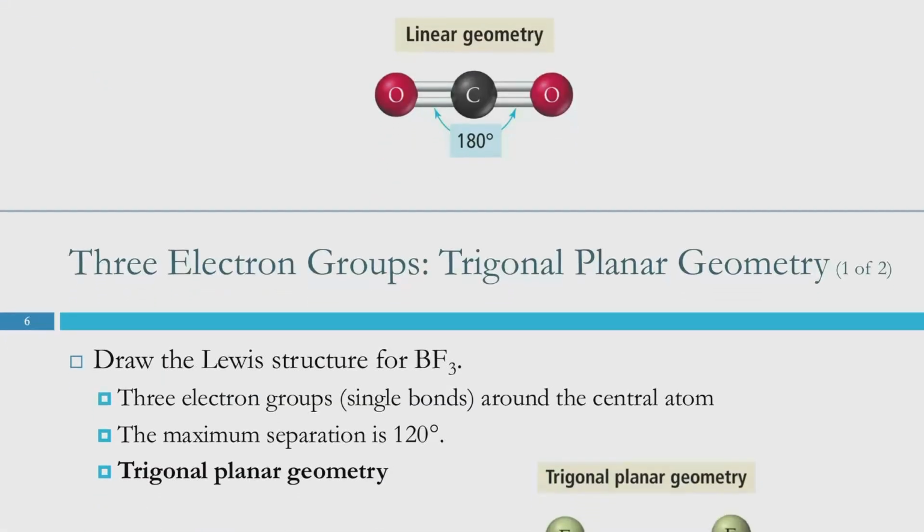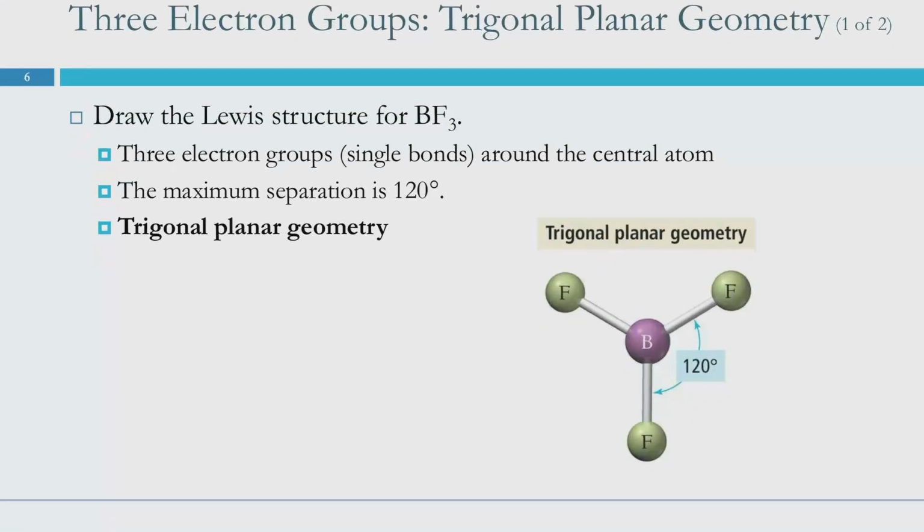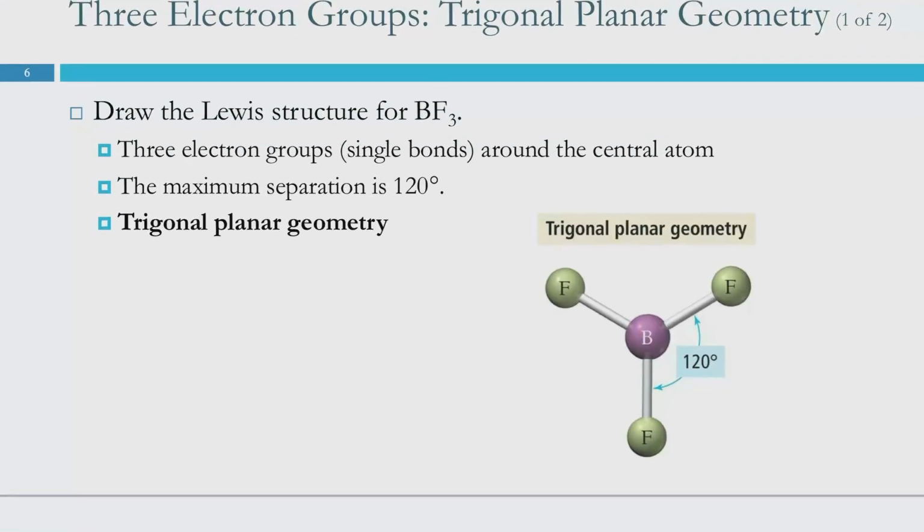If you have 3 groups, like in boron trifluoride, those 3 groups can be separated by 1/3 of a circle, which is 120 degrees.